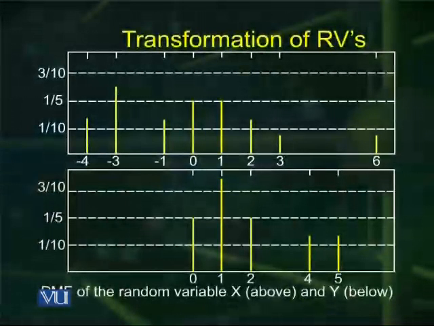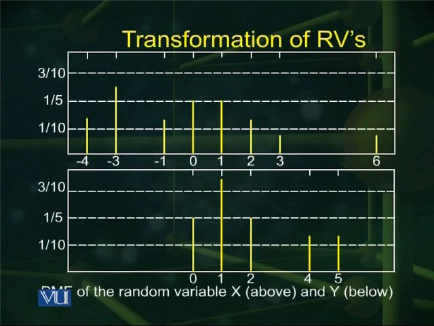If you look at this slide, you will see that random variable x takes on 8 values as before, but random variable y takes on only values of 0, 1, 2, 4 and 5. Furthermore, the probability of random variable y being equal to 1 consists of 2 values of random variable x.